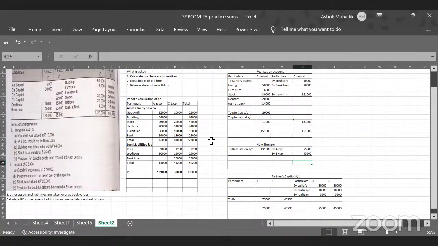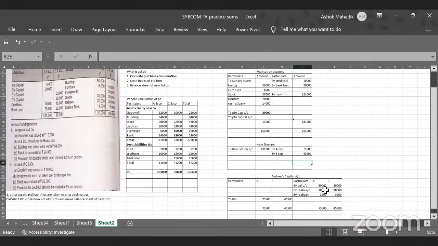Let us check the posting. Creditors 10,000, bank loan 20, asset side 50, then 6, 50 and 6, 80, 20 and 14. Then partners loan, transfer to partners capital, then profit transferred.